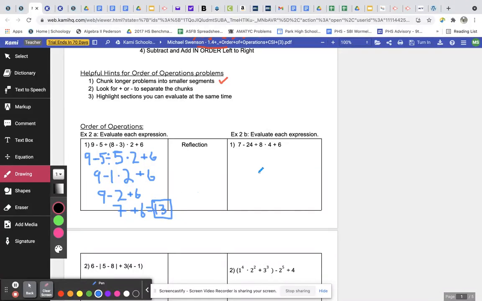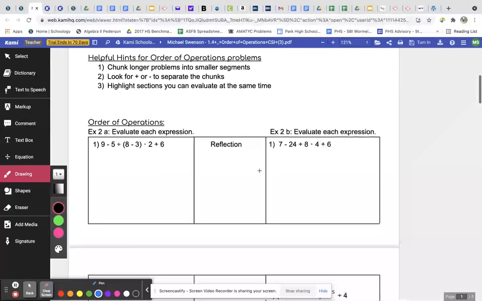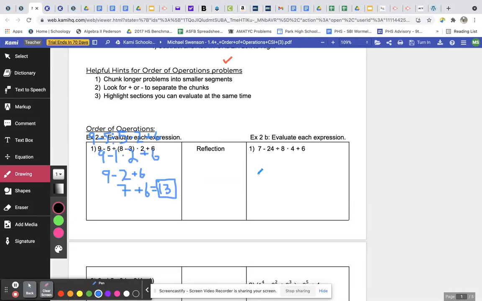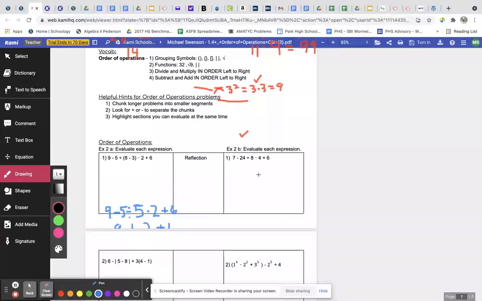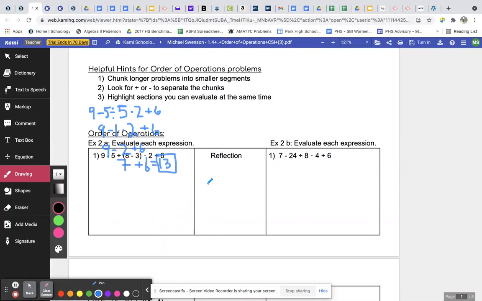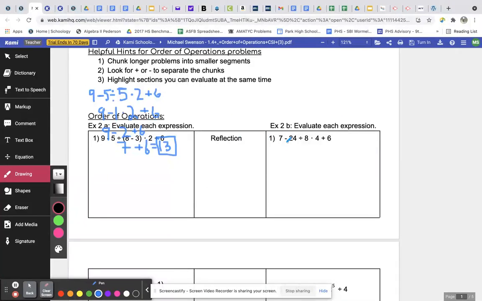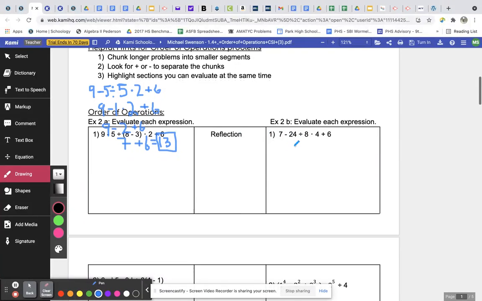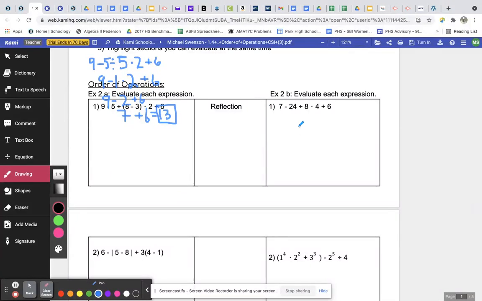Okay? The second one, you might want to give this a shot right here, the second one. You can pause, come back to it, and we'll be right here. Okay?